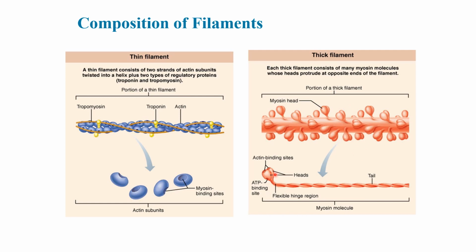You have a hinge region, that's kind of the half, if you will. And then you have this catalytic head. This is the part that will bind to actin when that high affinity site is revealed. And this is also where we will hydrolyze ATP. This is the catalytic part of this. This heavy chain, this part right here, is more for binding to other myosins and strength in that thick filament.